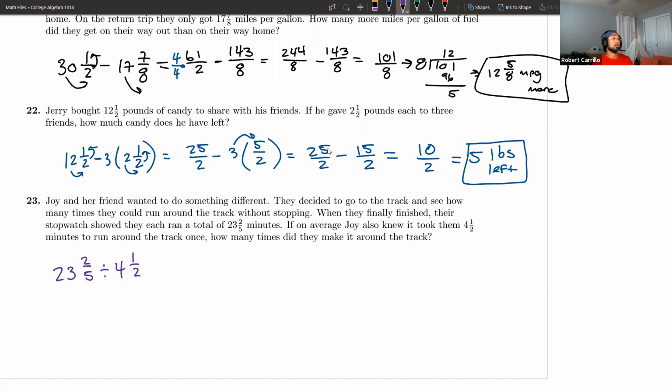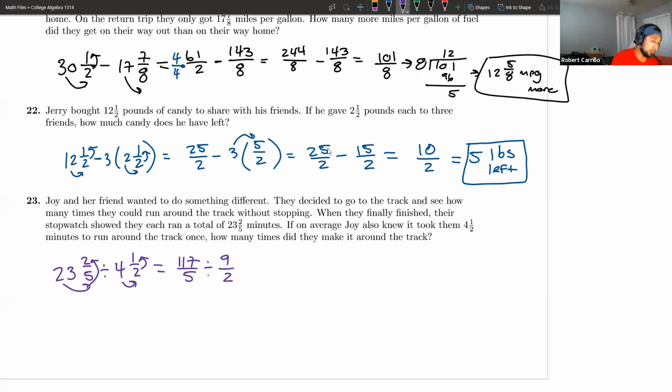We take 23 2/5 minutes and we divide by 4 1/2. And of course, we have to convert both into improper fractions. So 23 times 5, what's that give me? 115. So 115 plus 2 gives me 117/5, divided by, change this one, 4 times 2 is 8, 8 plus 1 is 9/2.